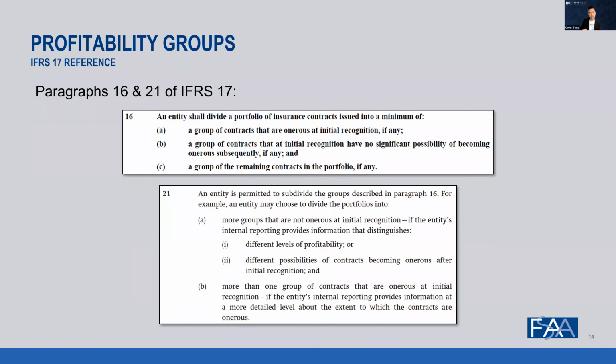You might sell a group of insurance contracts that could potentially be loss-making. But based on those expectations from the start, you'll need to sort those contracts out, because these are like profitability tags to say, right, we're selling this group of business or insurance contracts. We expected to make profit on them. So there could be no possibility of them becoming onerous, which is basically loss making.